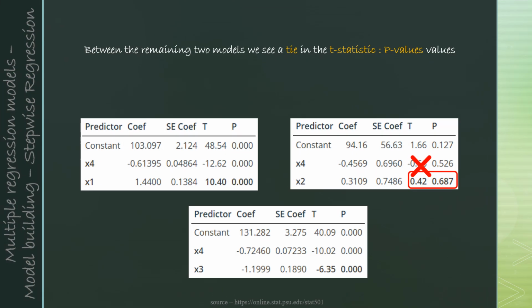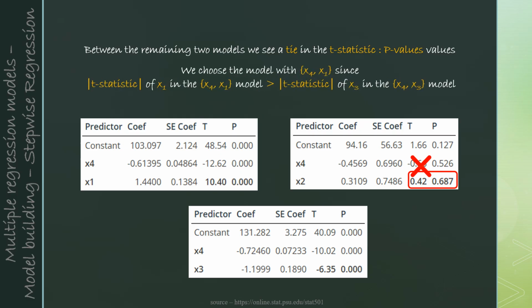Between the remaining two models, we see a tie in the t-statistic p-values and therefore we choose the model with x4 and x1 since the absolute value of the t-statistic of x1 in the x4 x1 model is greater than the absolute value of the t-statistic of x3 in the x4 x3 model.